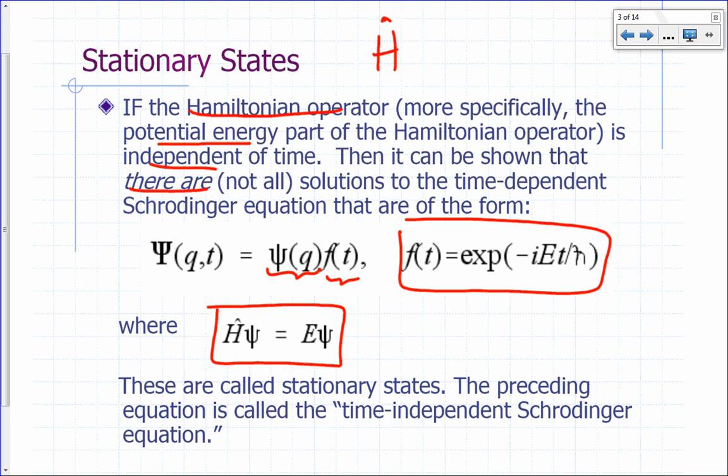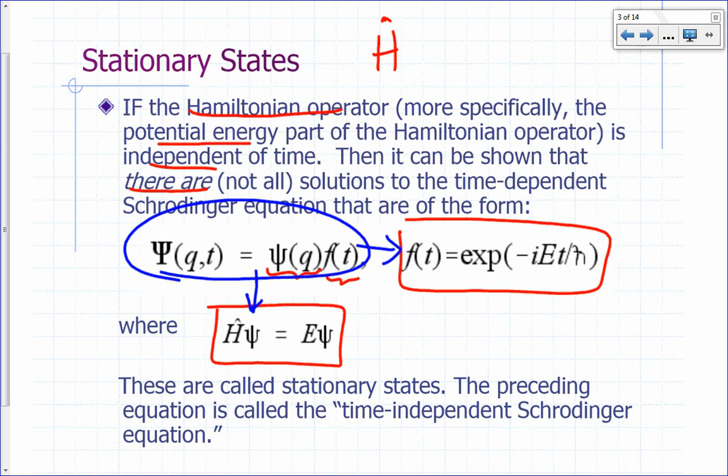Right? So one thing I forgot to mention is, we made the assumption that there are solutions of this form. By making that assumption, we showed that the function of time must be of that form, and the function of coordinates must satisfy this eigenvalue equation here.